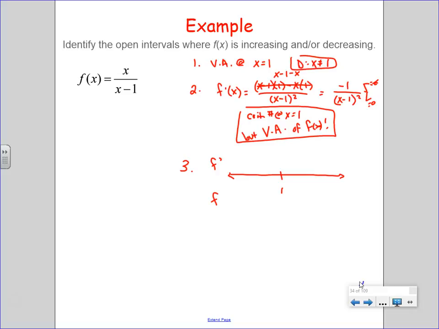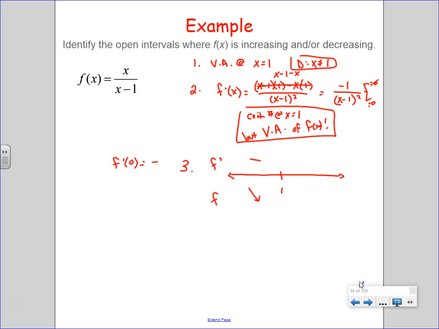Pick one test point. So what's the test point on this side of 1? 0. So if we go ahead and plug in and say, hey, where's f prime? Here it is. 0 minus 1 is negative, squared is positive, and then a negative. That's a negative. All I need is a negative sign, because that tells me what f is doing that entire time.